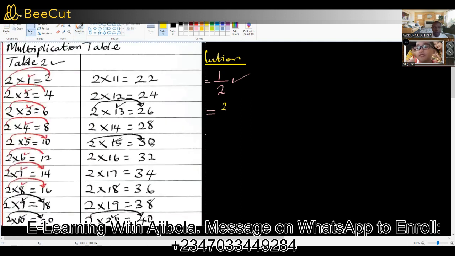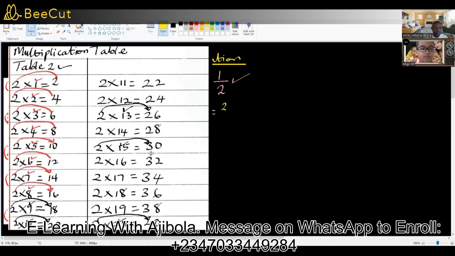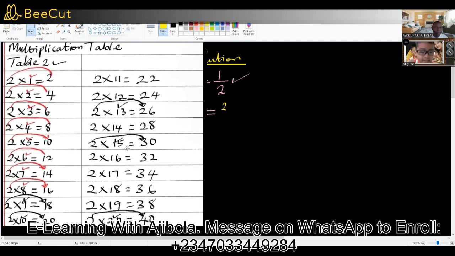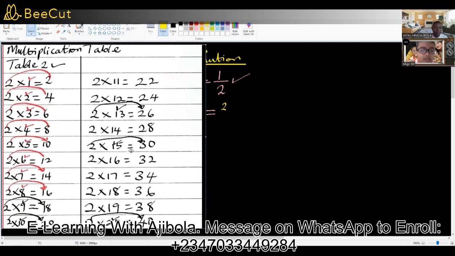Okay, now, can you see this multiplication table? Good. So 2 times what is going to give me 18? Where is 18? Okay. Now, 2 times what will give me 18?